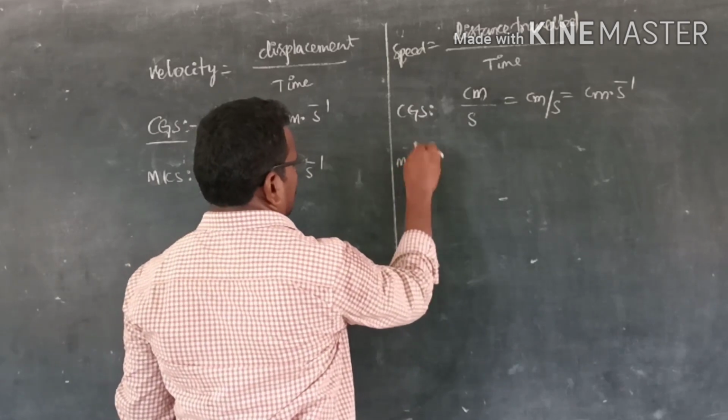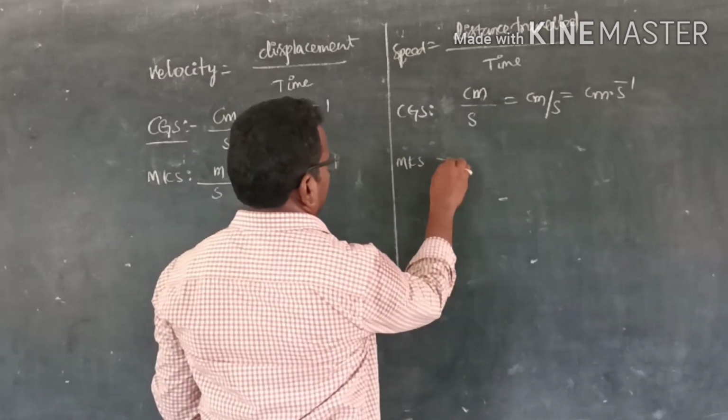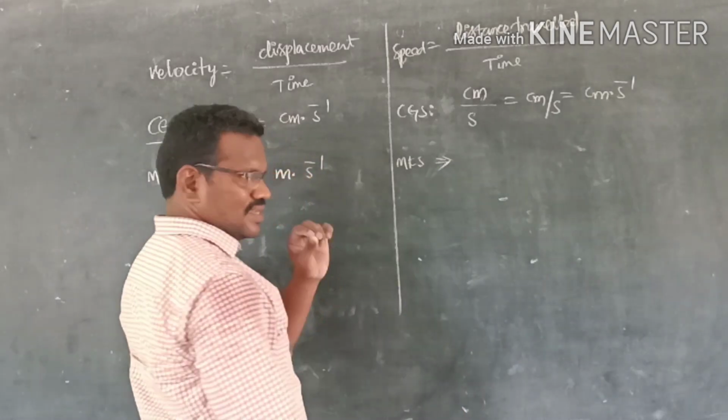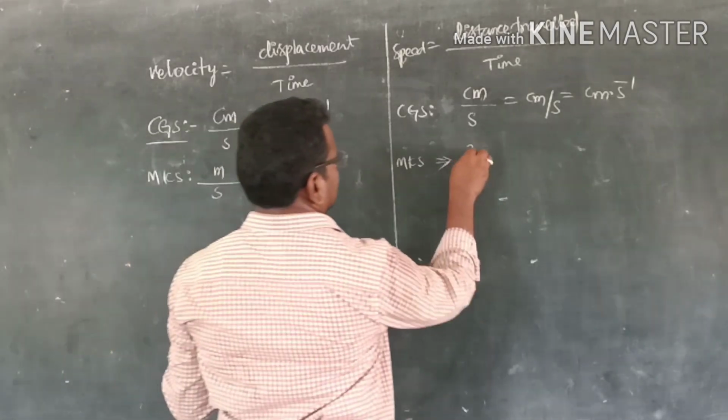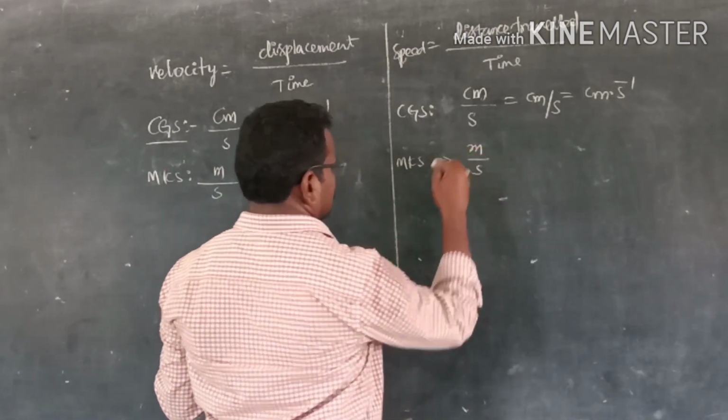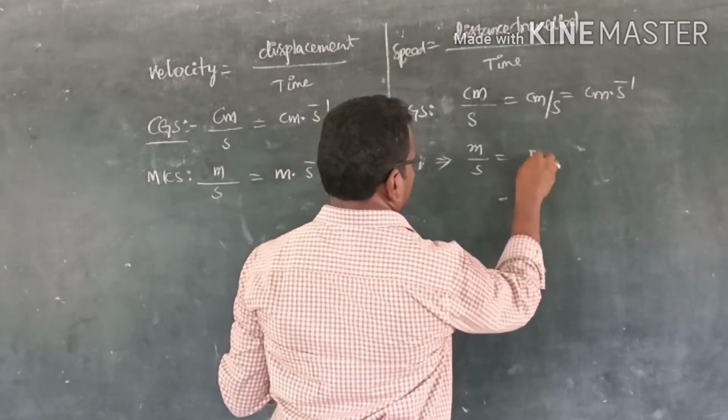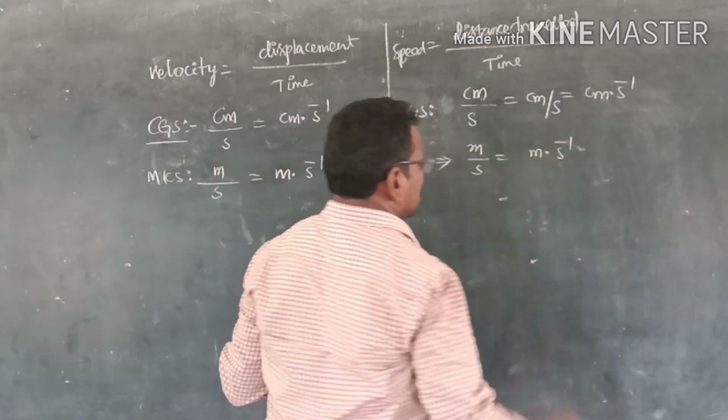Now the MKS unit of distance traveled is length, that is meter per second, or meter second power minus 1.